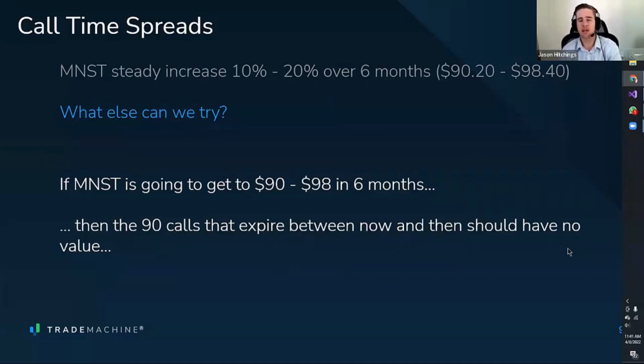Well, if it goes up steadily, it probably won't get too high in that amount of time. So another choice available to us is to sell a call, sell the 90 call that's going to expire earlier, that probably won't end up in the money, probably won't have value. And anytime we can sell options that we think won't have value by expiration, then we're doing something smart.